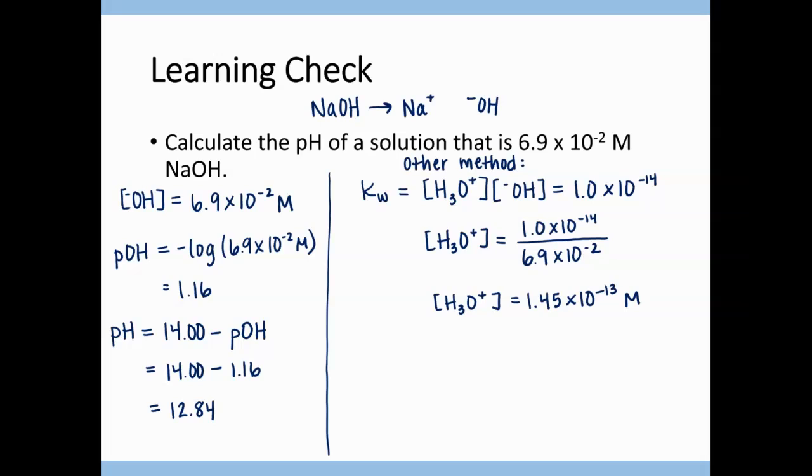So now that we have H3O plus concentration, we can directly calculate pH. Negative log of H3O plus, which is 12.84.